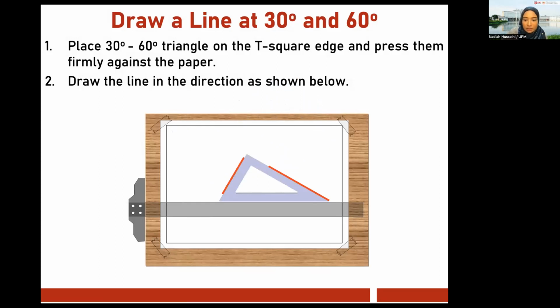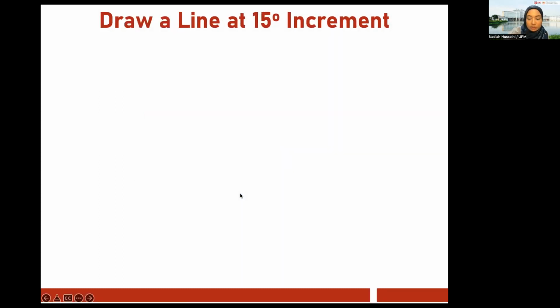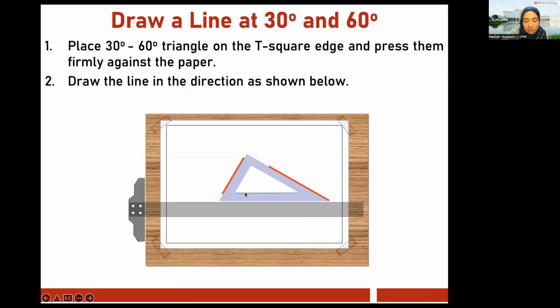So this one is slightly smaller. So this part is smaller compared to this angle over here. So we know that this is 30. And this is 60.